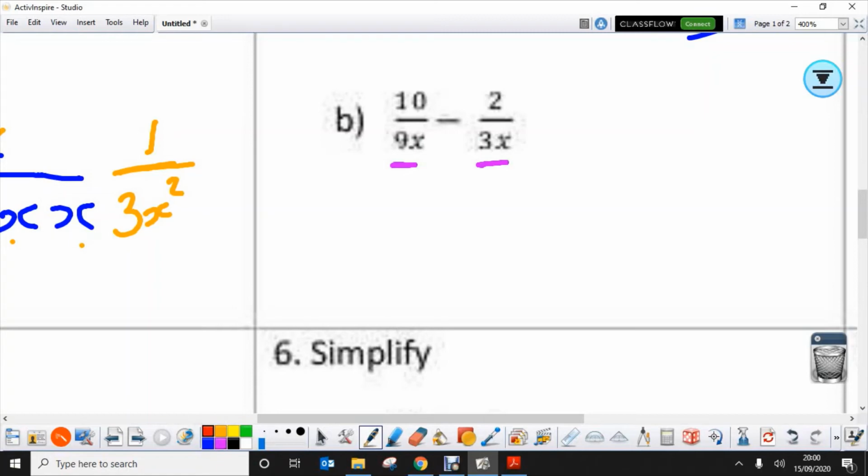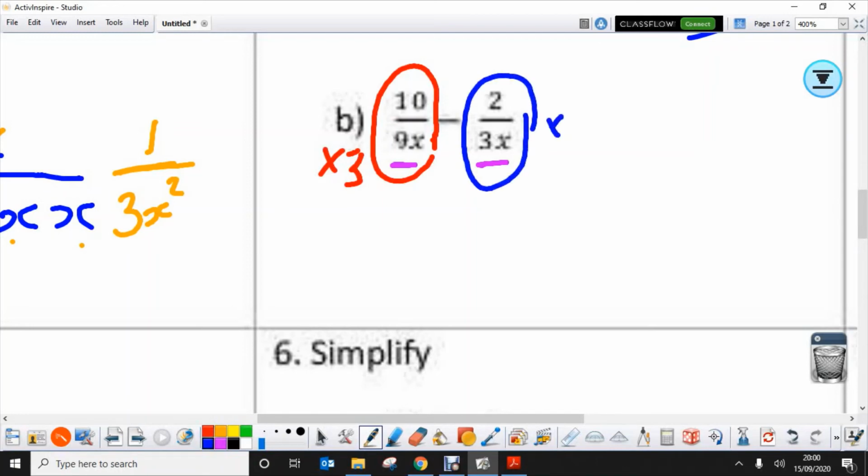So if I times this whole side of the fraction by 3 and I times this side of the fraction by 9, I should get the same denominator. So 3 times 10 gives me 30. 3 times 9x gives me 27x.